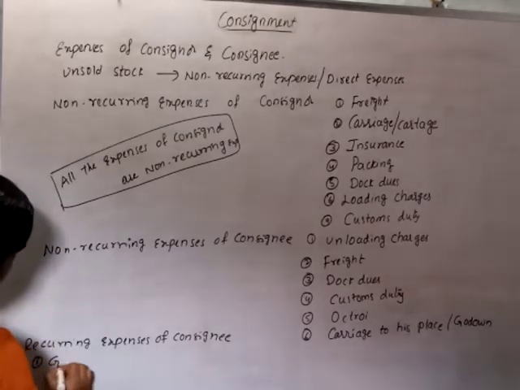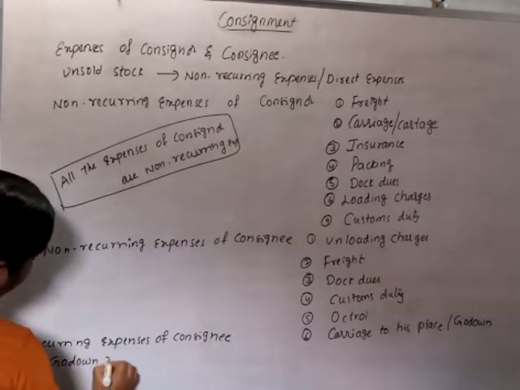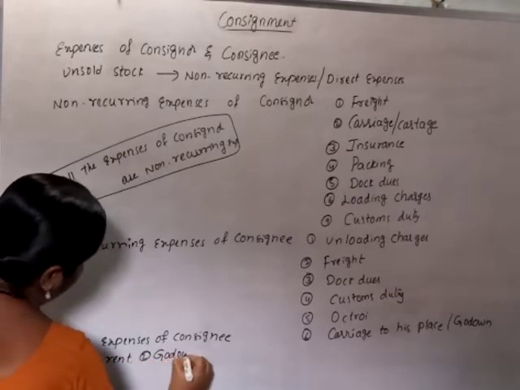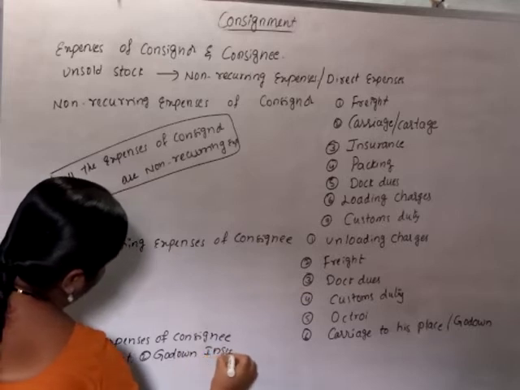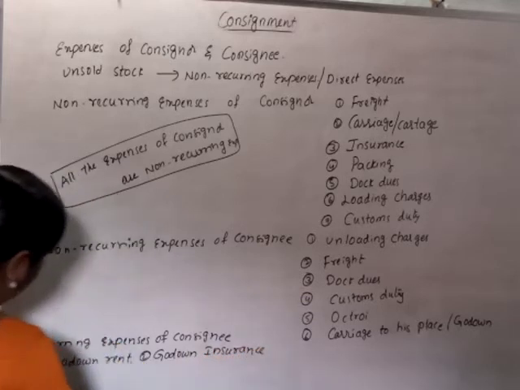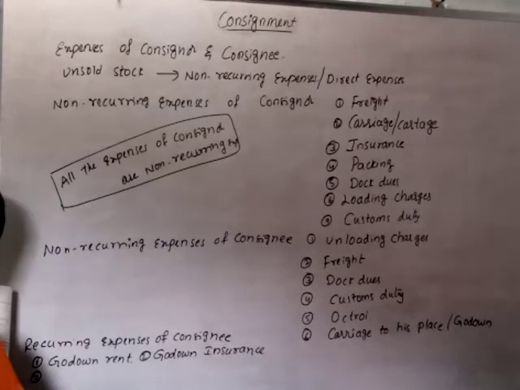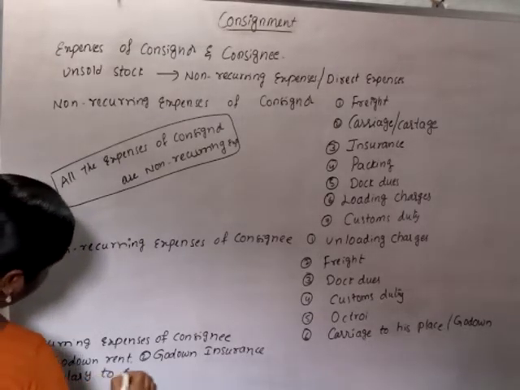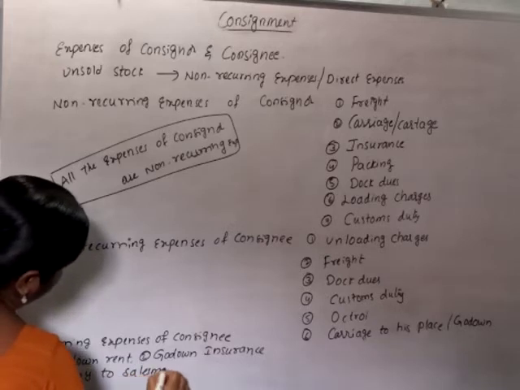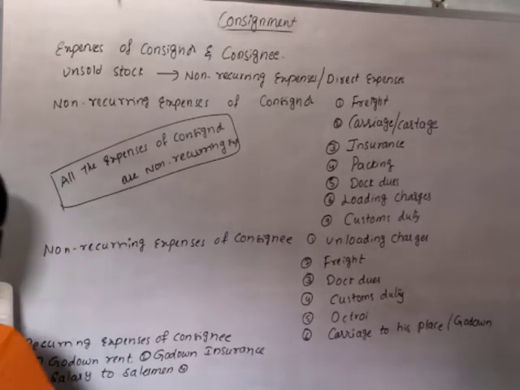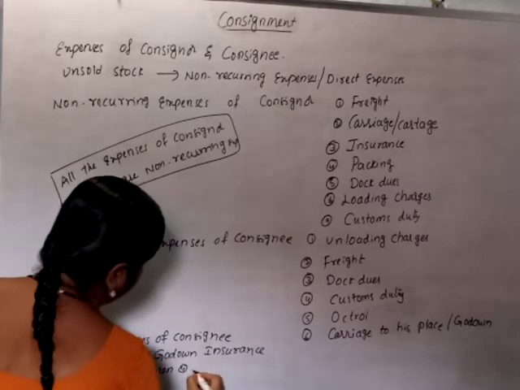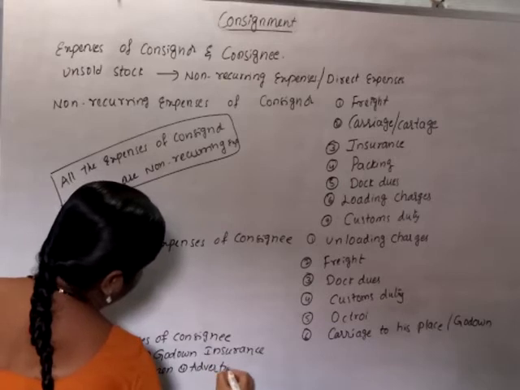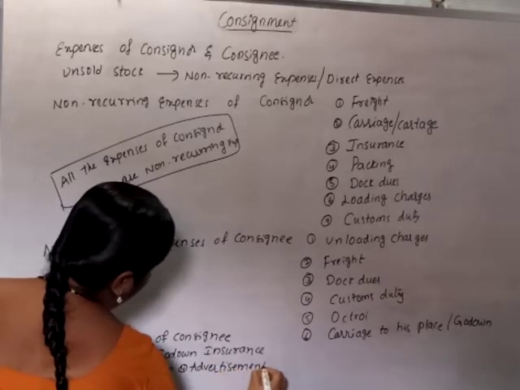I will write here. Godown rent. Second one, godown insurance. Third one is salary to salesman. Next one is advertisement.